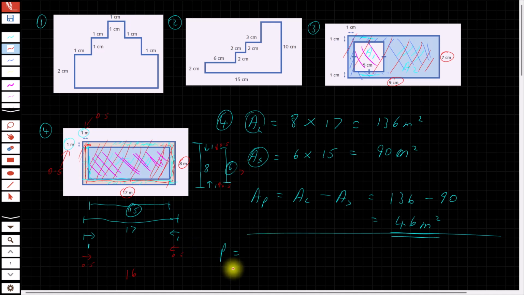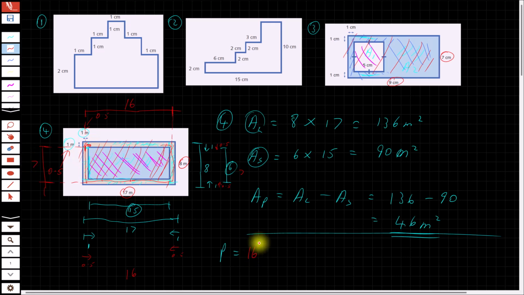So the perimeter equals, there to there in the middle part is 16, and the middle part there is 7.